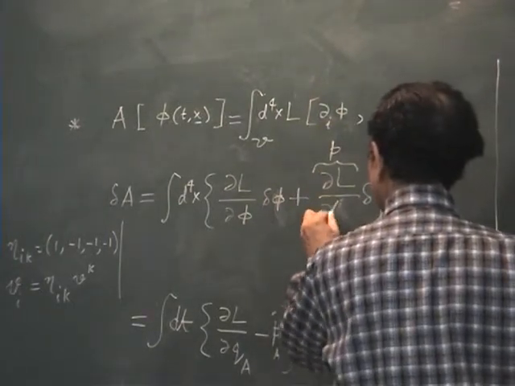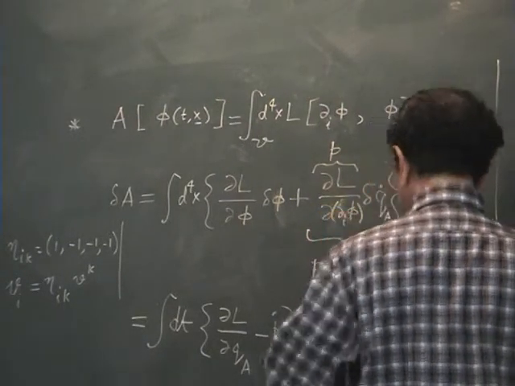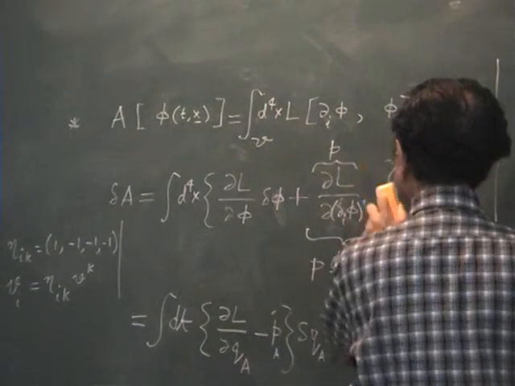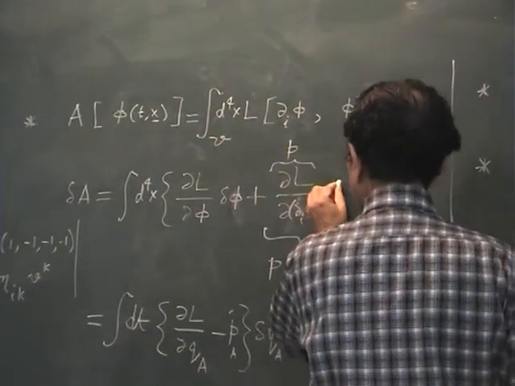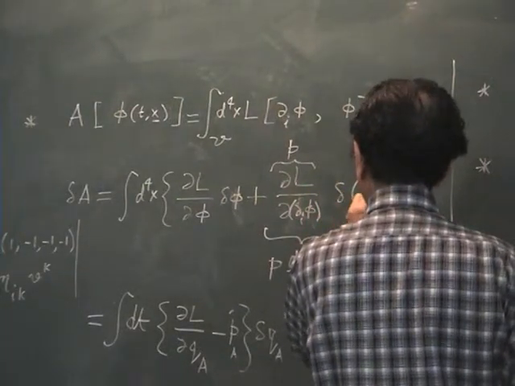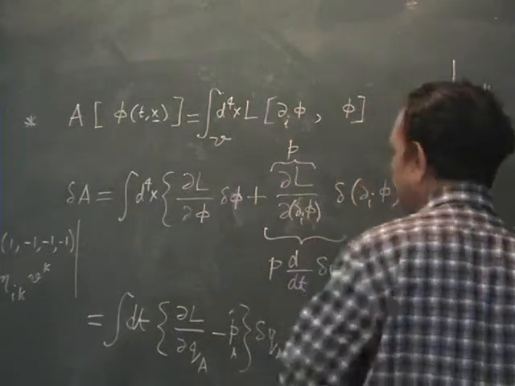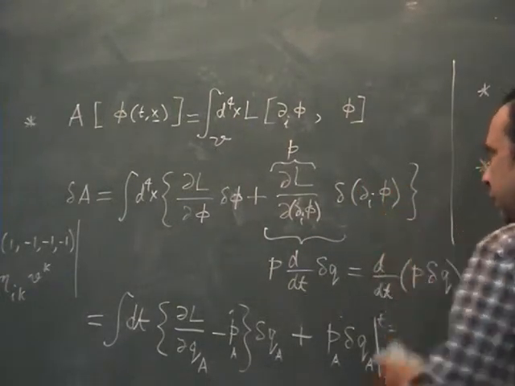So this is going to be ∂L/∂(∂_i phi). Then I am going to have delta of ∂_i phi. I will first write it as delta of ∂_i phi. Already notice that the summation convention has come into operation.